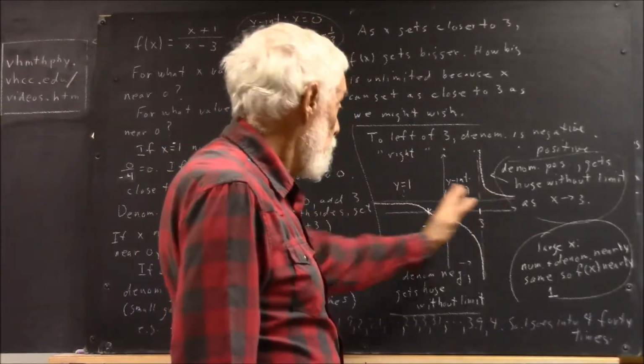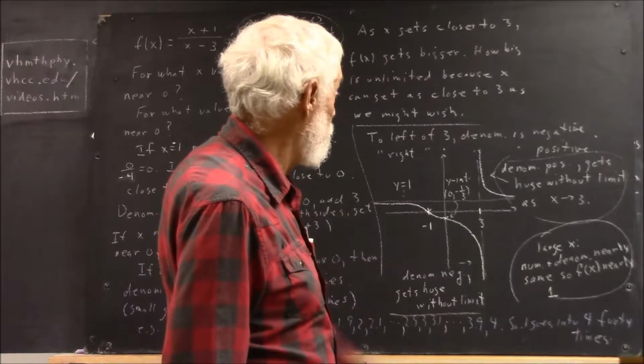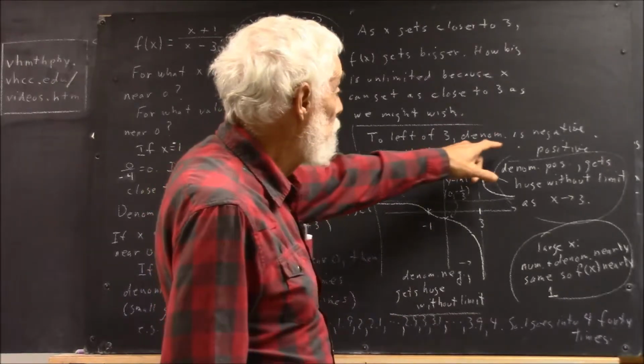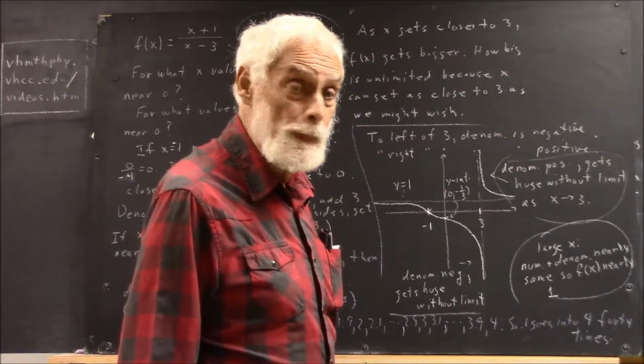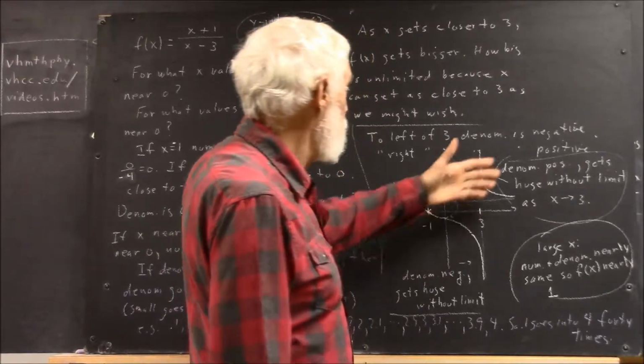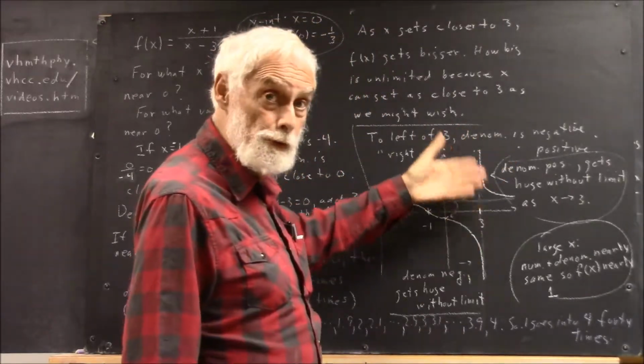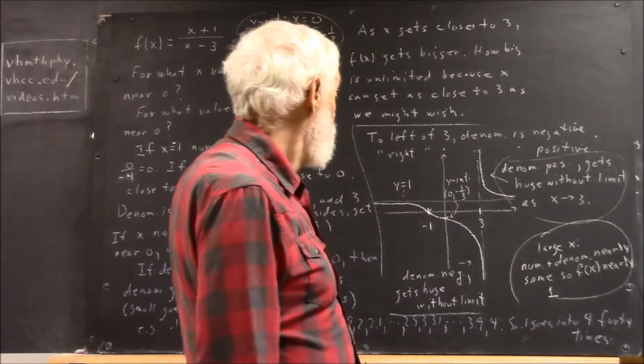So, we can say now, well, to the left of 3, that means for x values less than 3, here's 3. To the left of 3, the denominator is negative. To the right of 3, the denominator is positive. The numerator stays close to 4 when you're close to 3, so the numerator stays positive.